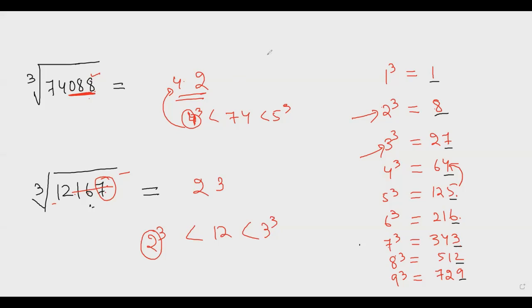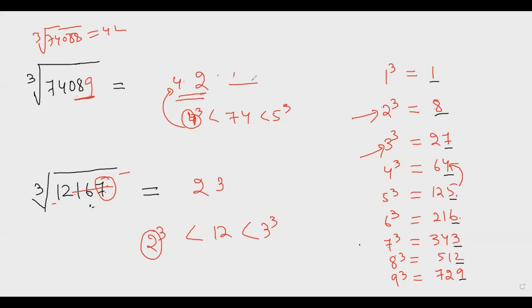Let's say 74088 gives 42, but suppose the number is 74086, or let's say 89. Then we know that the answer will be a little bit more, 42 point something.